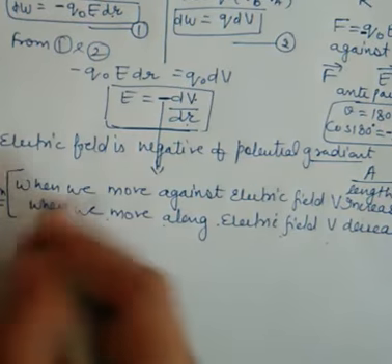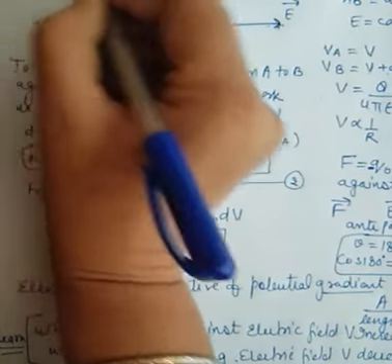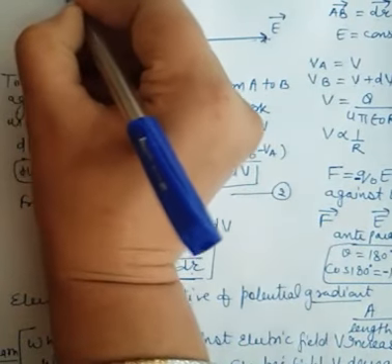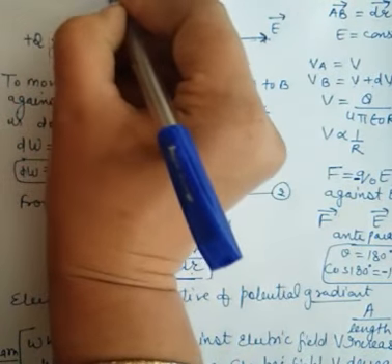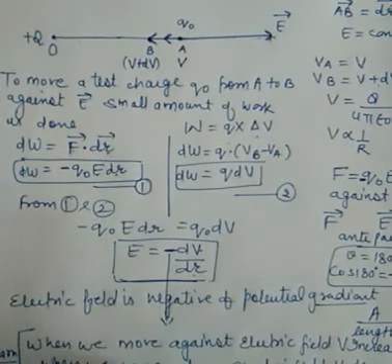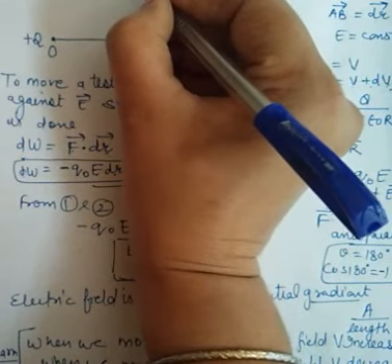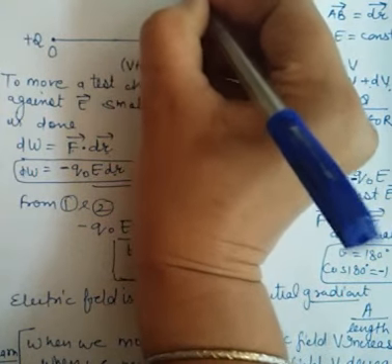Number 1, it is a very important relation concerning your exam. Derivation may be asked, or negative sign indication, or what is potential gradient, electrostatic potential gradient. So a conceptual question may be asked.